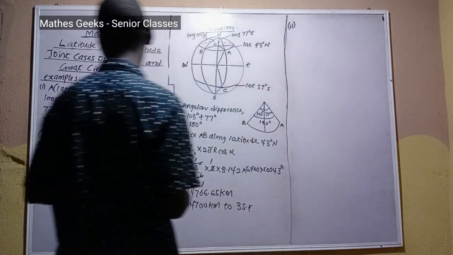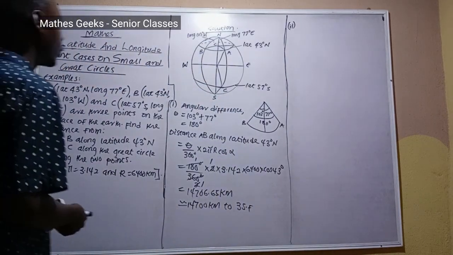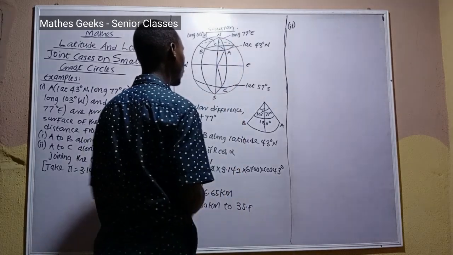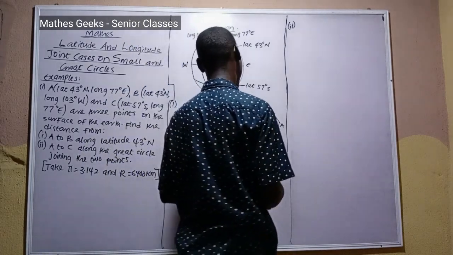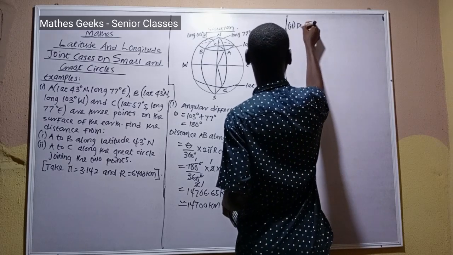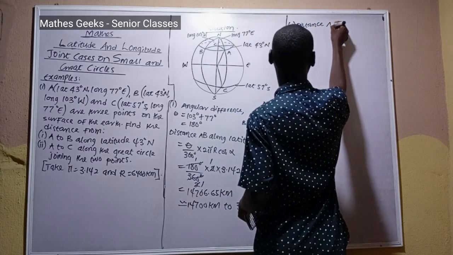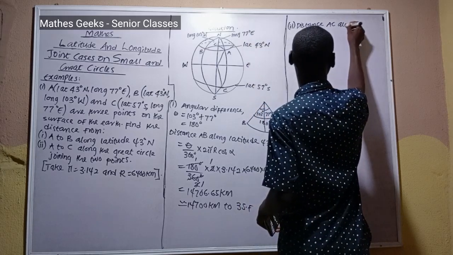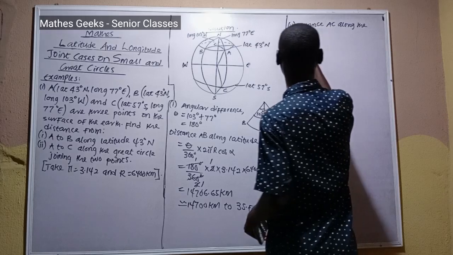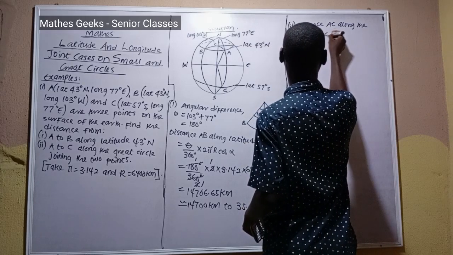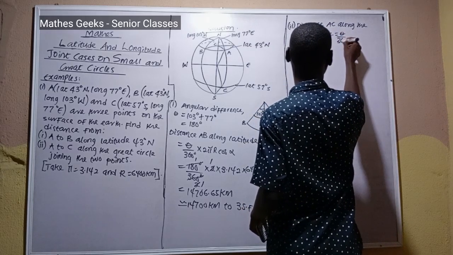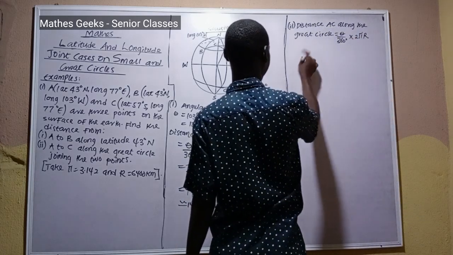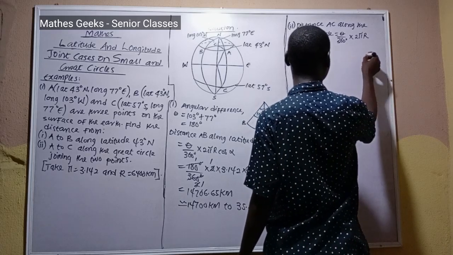Number 2 says A to C along the great circle joining the 2 points. So it's A to C on the great circle, because the 2 points are on the line of longitude. So the distance AC along the great circle is equal to theta over 360 degrees times 2 pi r.